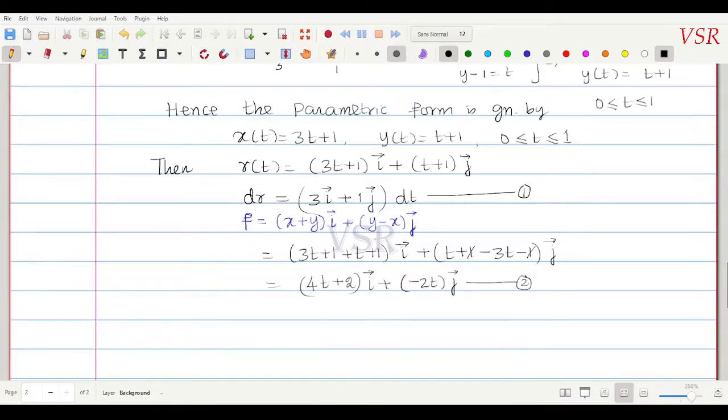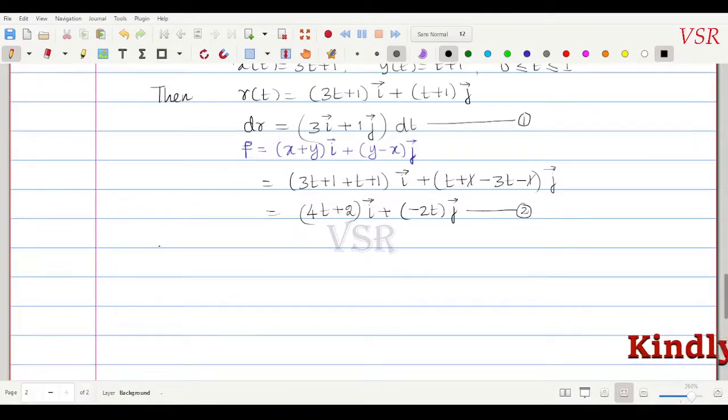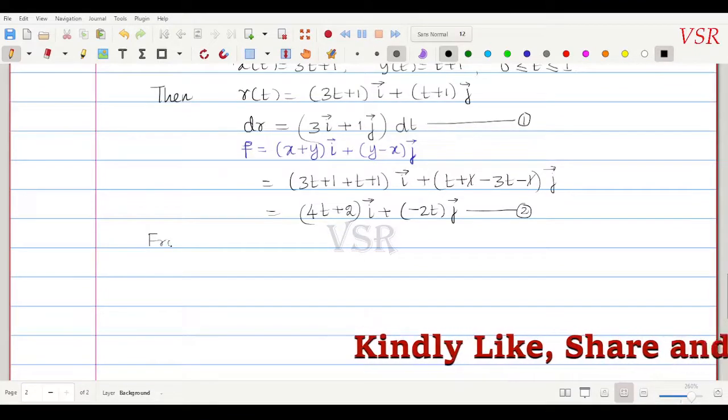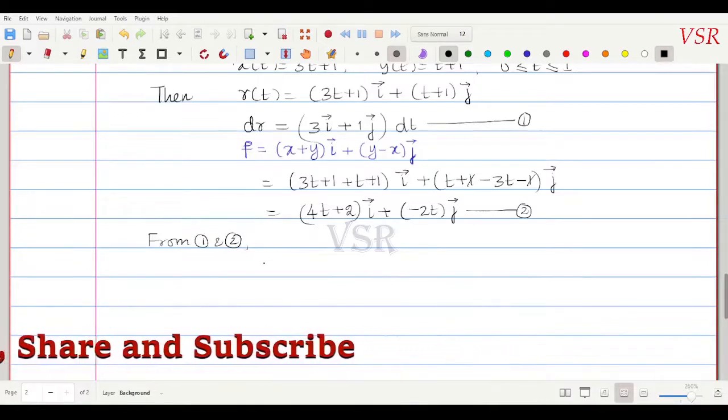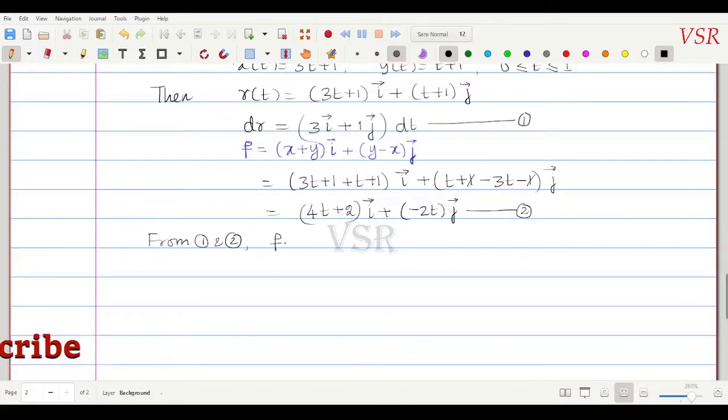Okay, so from 1 and 2, what we are having this f dot dr which is equal to this into 3. அப்போ 3 times 4t plus 2. Okay, அப்புறம் இங்க ஒரு மைனஸ் இங்க ஒரு 1. அப்போ I may write minus 2t the whole thing into dt.